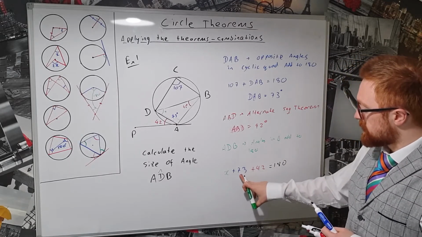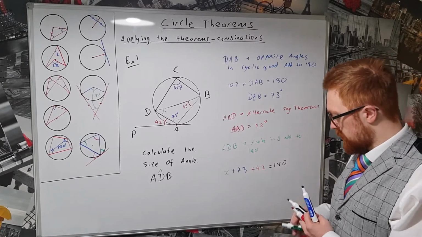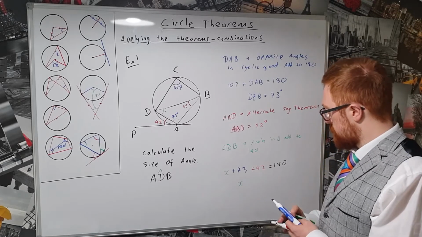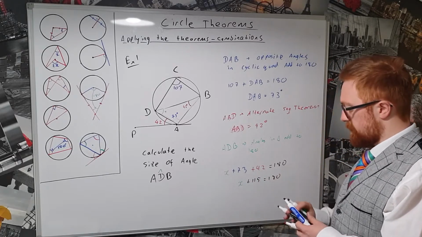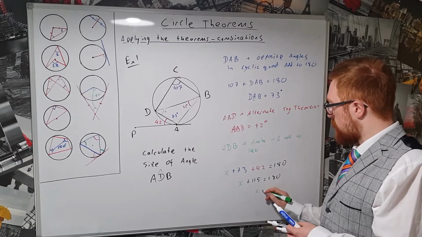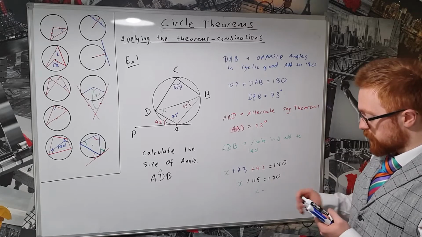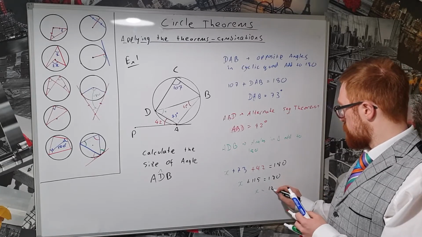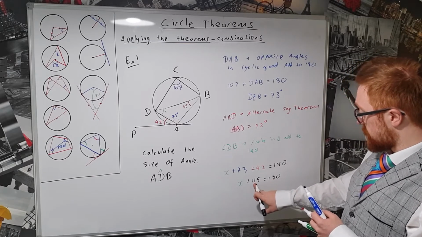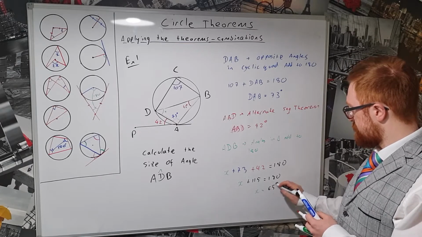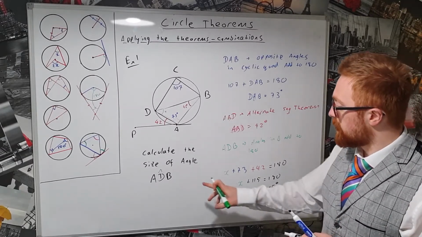Then 73 plus 42 is 115. So I get x plus 115 is equal to 180. To work out what x is, I just subtract the 115. That gives me 125 degrees. Oh no, sorry, 65 degrees. So x is 65 degrees.